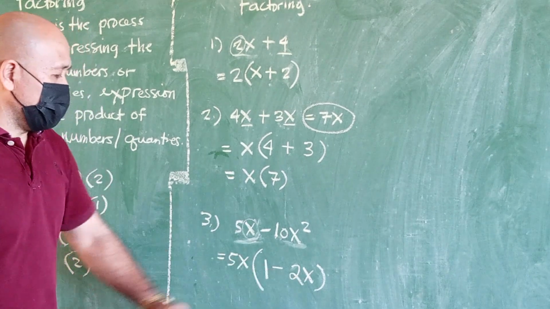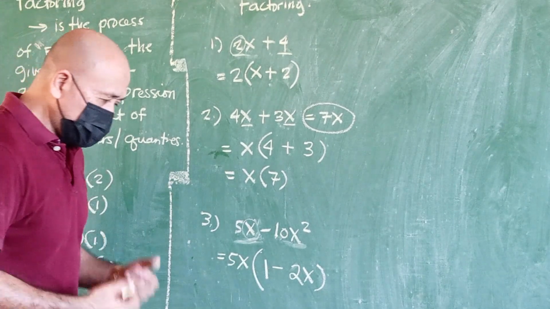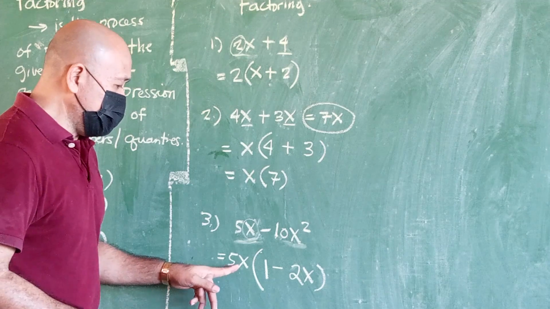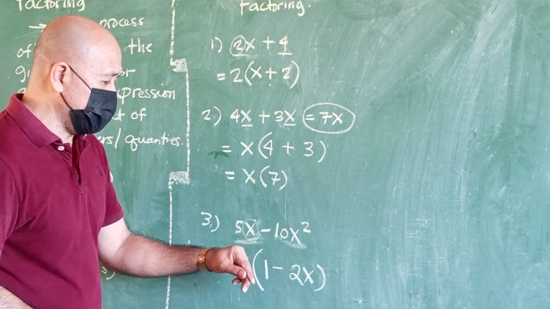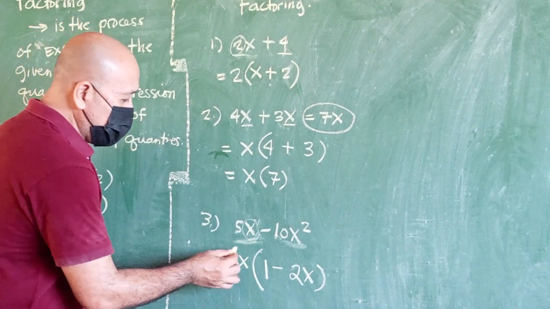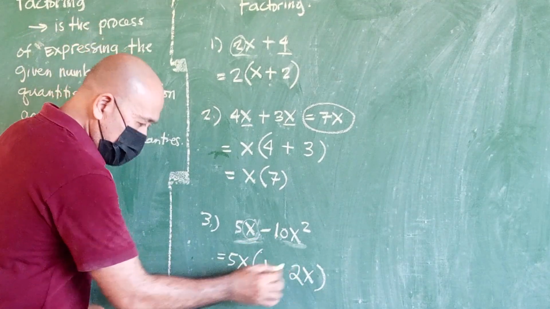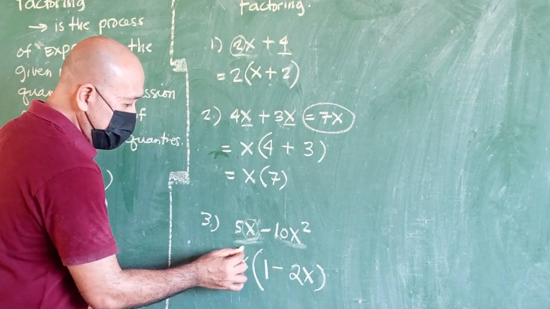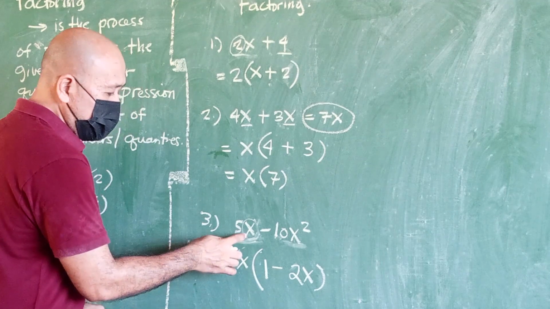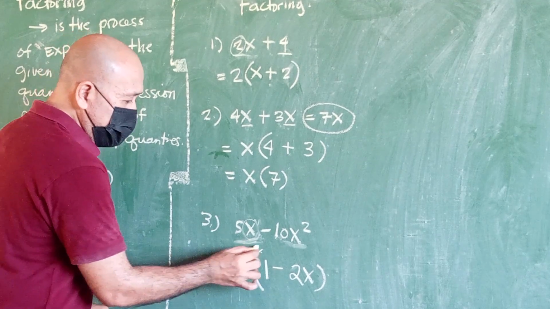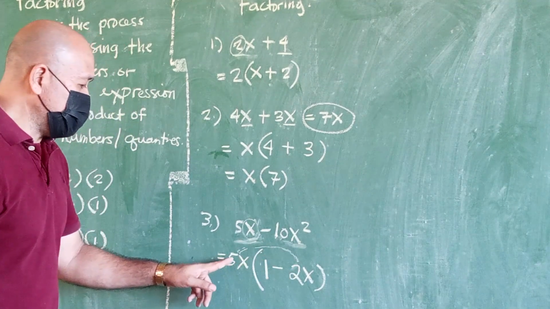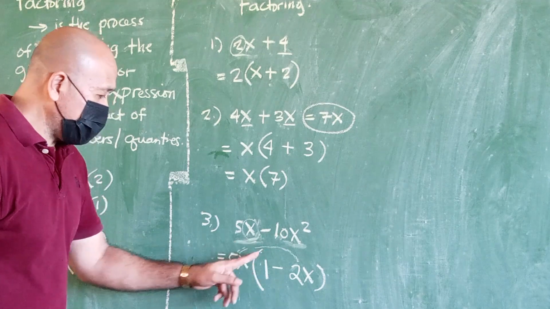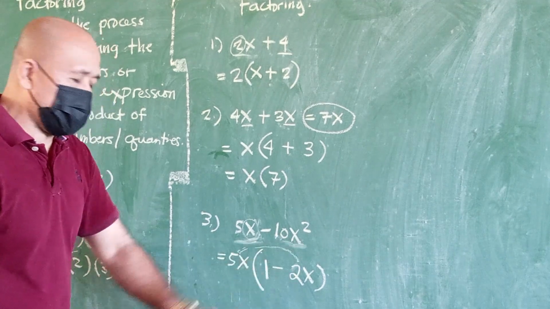So how are you going to check if these are the required factors of 5x minus 10x squared? Just simply try to multiply it back inside the parenthesis. That is 5x times 1, the result is 5x. And then 5x times 2x, shall we say 5 times 2, that is 10. And x times x, that is x squared.